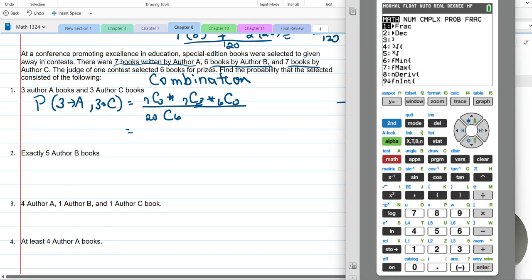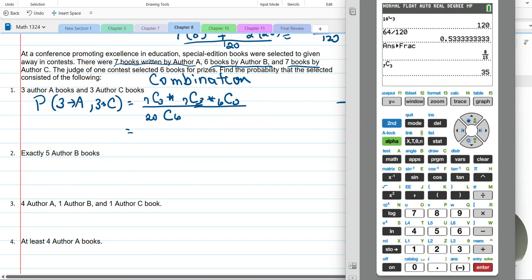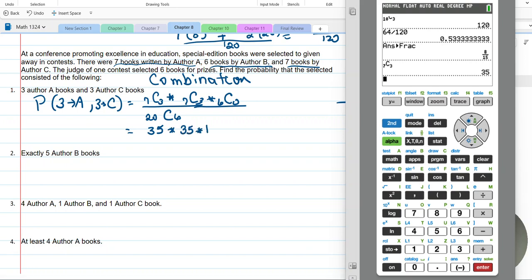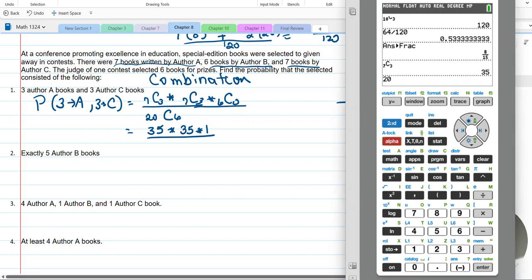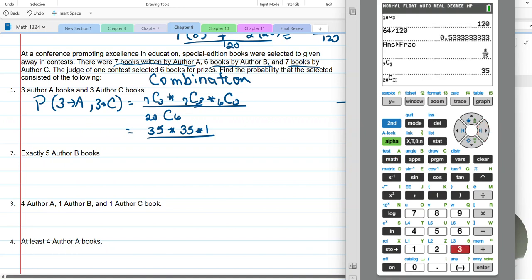7, math, PROB, and we're doing 3, and we're choosing 3, 35. And 20, math, PROB, number 3, choose 6.